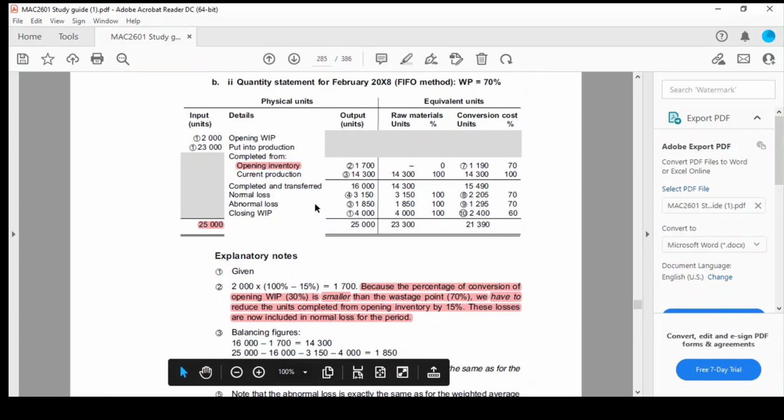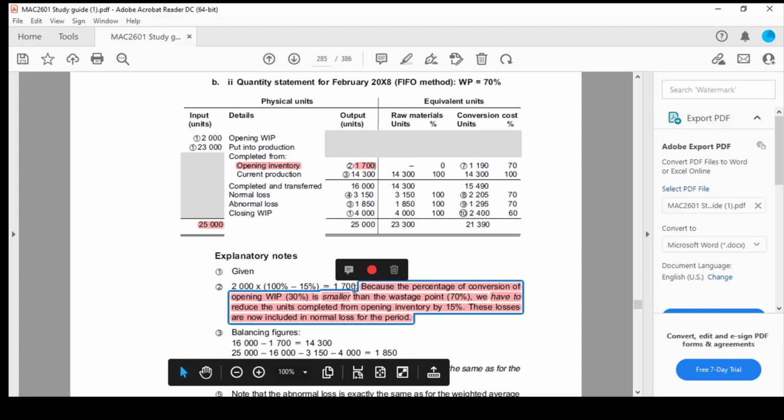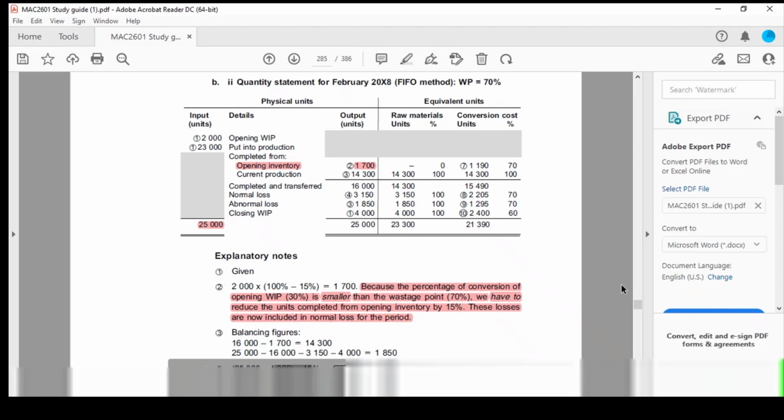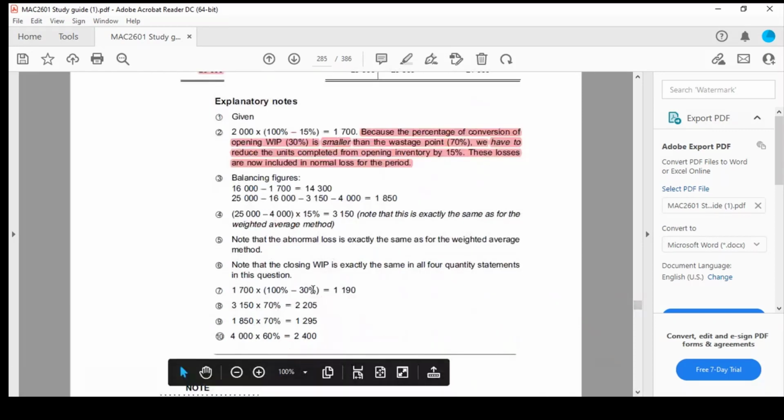So as a result, what you put in your output would be your 2,000 minus this 15% of units. So it's 1.7. And as a result, let's try to see how different your conversion point will be. It's the very 1.7 that you put there times the 70%.